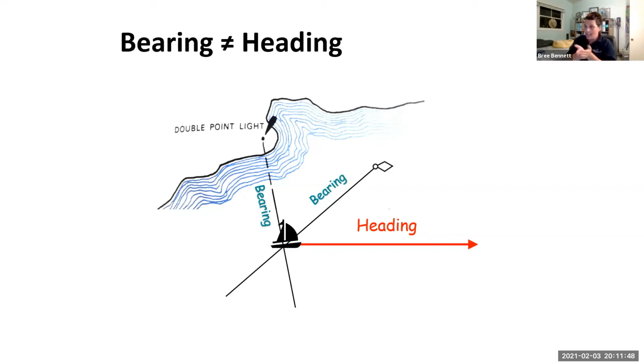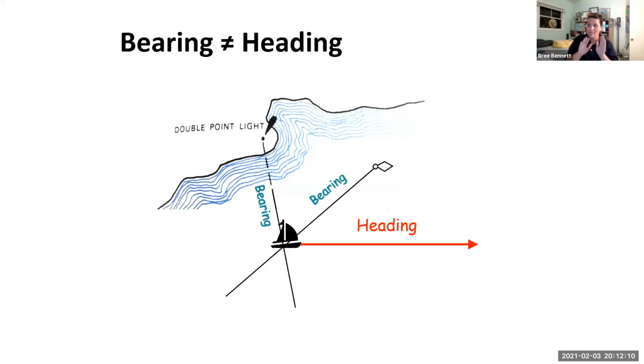Another way to do that, if you don't have that compass, or you're not comfortable measuring with a handheld compass, you can literally change the heading of your vessel to be pointing directly at that buoy or directly at that light, and then your heading is the bearing.